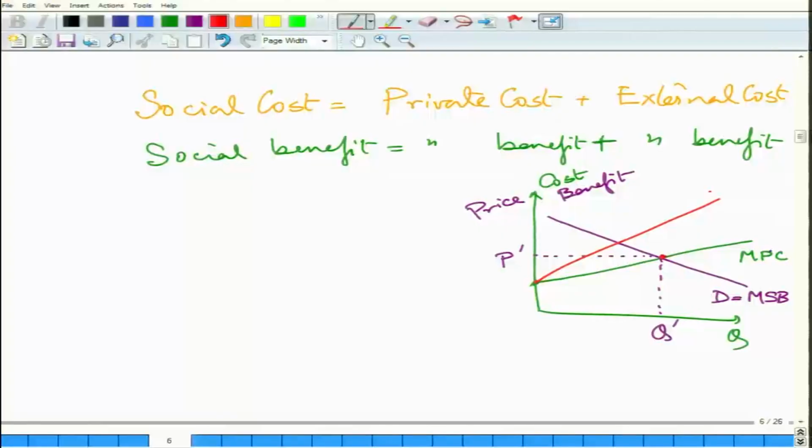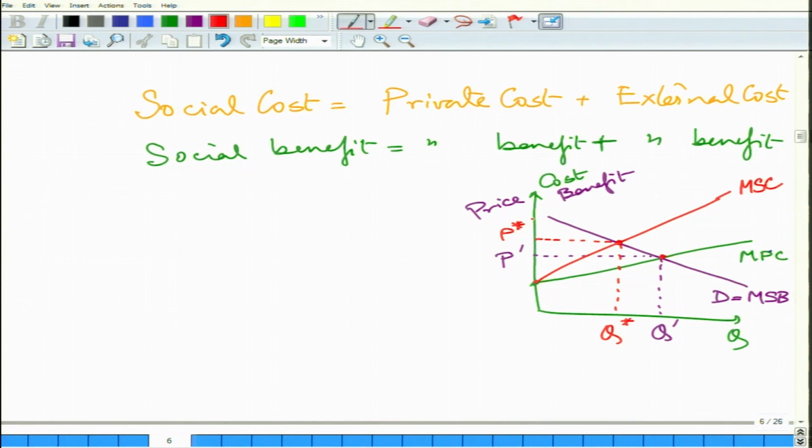So the equilibrium is here. The moment it's like this, with marginal social cost, the equilibrium is at this point, Q star, which raises the cost as well as the price, P star.